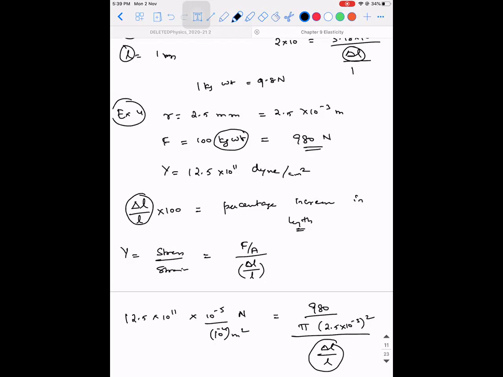Sir, can you explain what is 2.5 into 10 to the power minus 3, the whole square? Pi r square. Area. Force by area. The same thing like what I did in the previous problem.